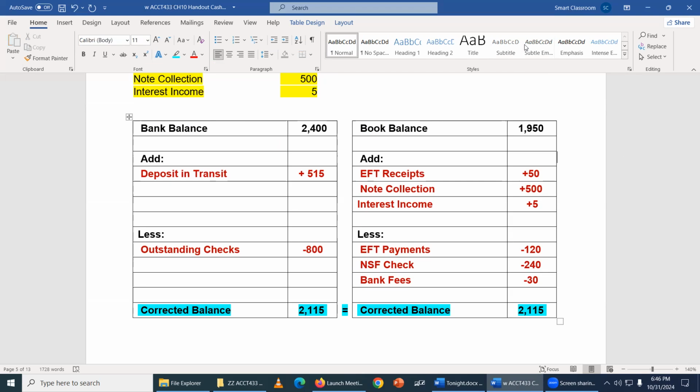I'll do it on the board. So this is what the journal entry would look like. So the EFT receipt would be $50. I think they said that was for revenue.